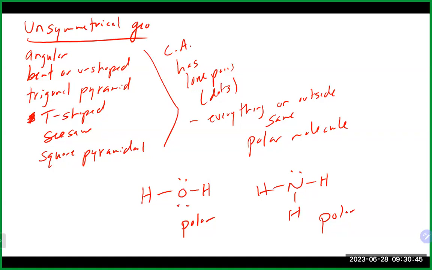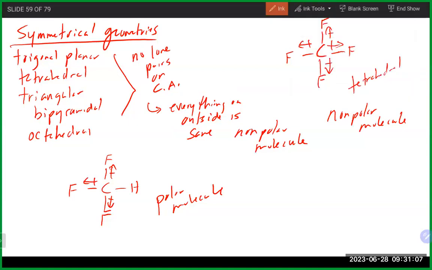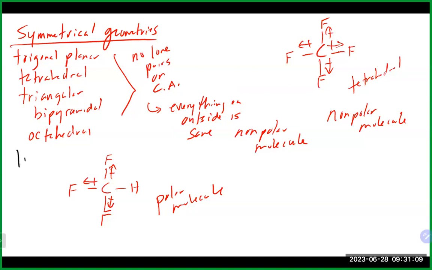Now, there are a couple of things that you do need to watch out for to finish this up. There are actually two geometries that are symmetrical and have dots. If we were to add them to our list, the first is linear, and it's not the linear of two electron pairs and two bonds.